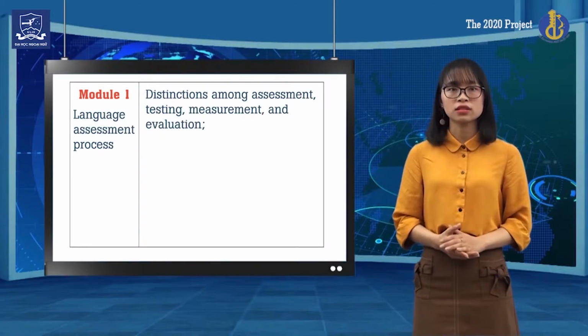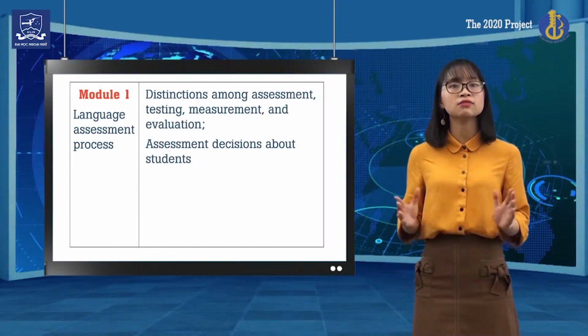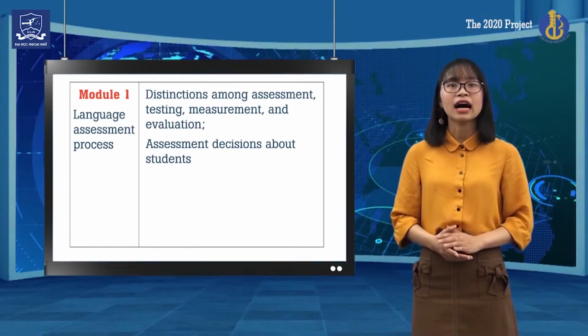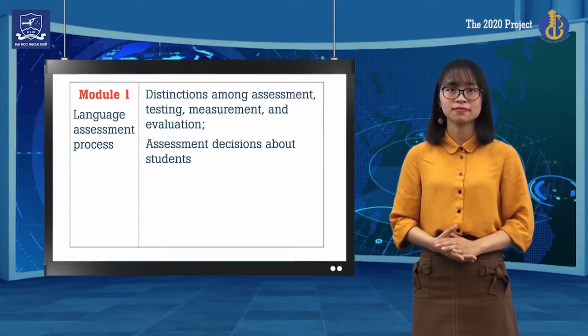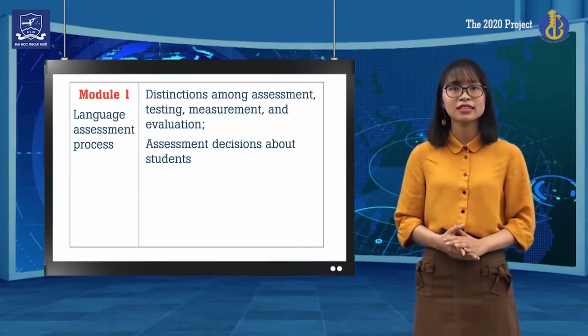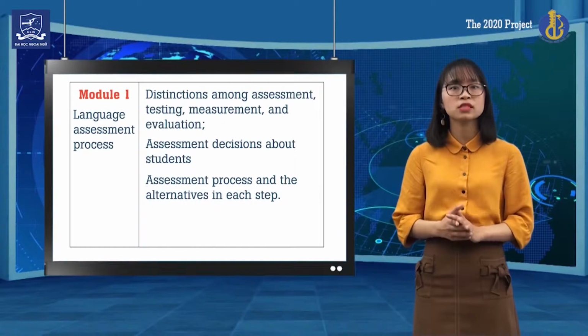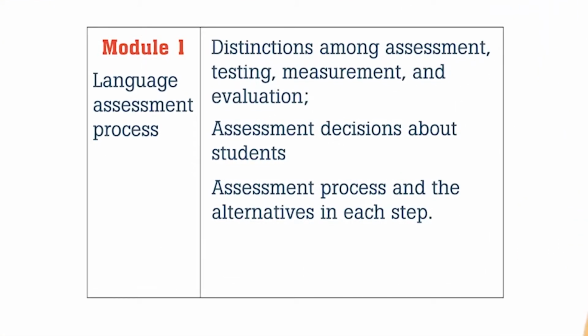You also learned how to explain and distinguish among a wide range of language assessment purposes and identify steps in classroom assessment process. The most important knowledge in this module is the assessment process and specific steps. Please consider how these steps can be applied in your own context.